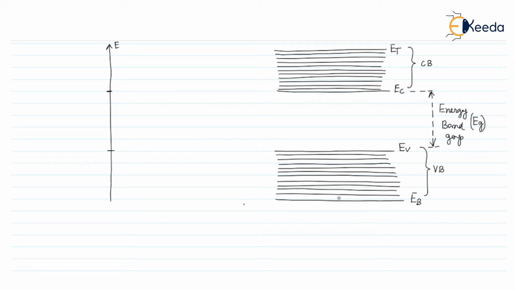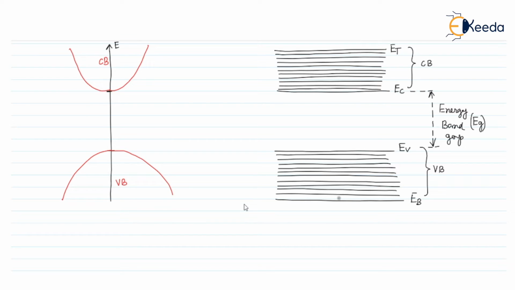The E-k diagram will be a parabolic plot for the conduction band. Similarly, for the valence band it will also be a parabolic plot. This is my valence band E-k diagram, and this is the conduction band E-k diagram.